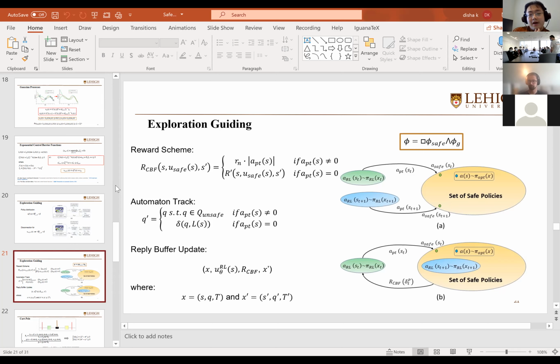So, Mingyu, I have a related question. It seems the automaton states are very important to your algorithm, because based on that you select different RL modules, right? Yes. To my understanding, currently all those states were manually labeled, right? Yes. So my question is, is it possible to let machine learning handle this labeling by itself?